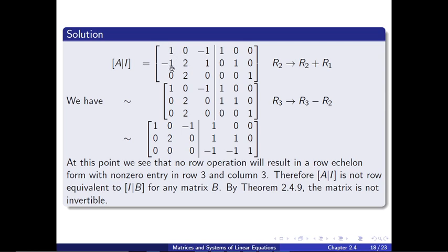So in other words, R2 goes to R2 plus R1. So we get minus 1 plus 1, we get a 0. 2 plus 0, we get a 2. And then 1 minus 1, we get a 0. And then 1 plus 1, we get a 1. 1 plus 0, we get 1. 0 plus 0, we get 0, right?